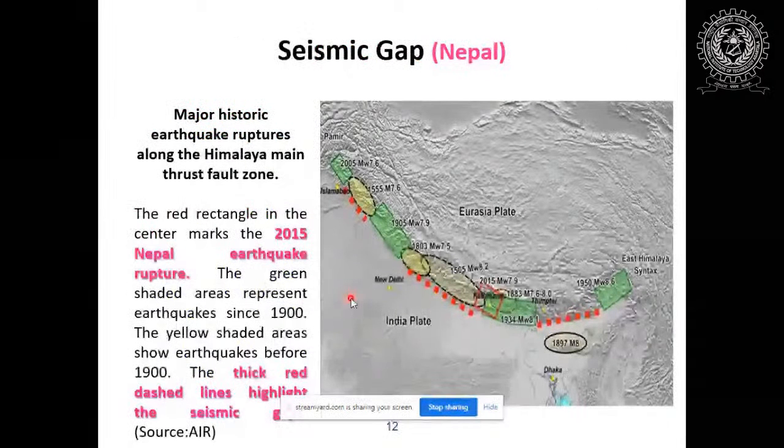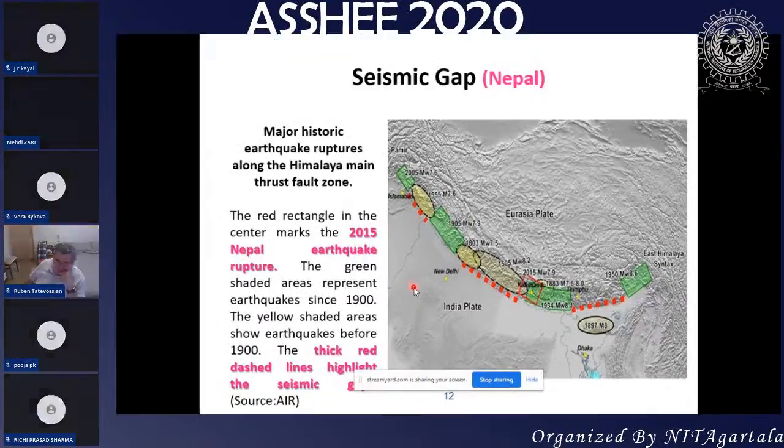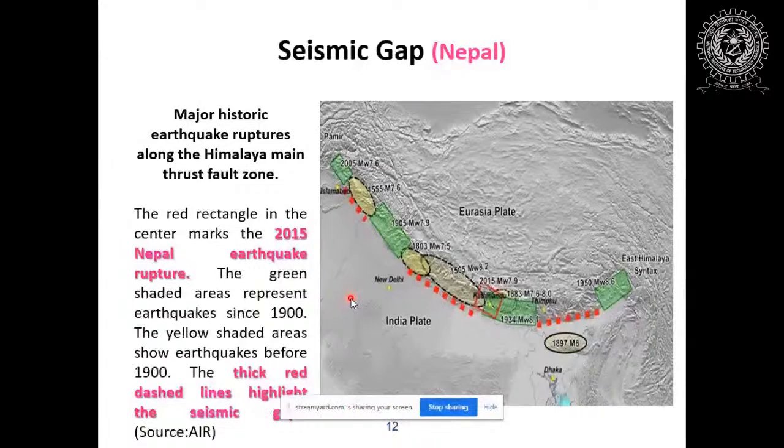In the Himalaya boundary, there has been the 2015 Nepal earthquake, which occurred in one of these gaps.